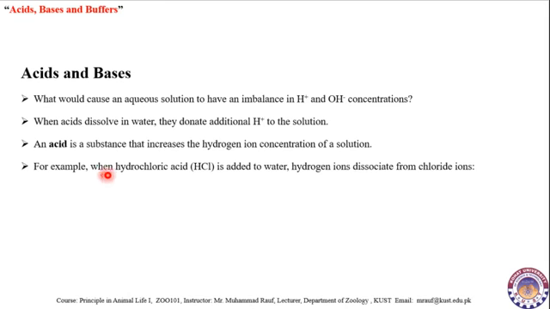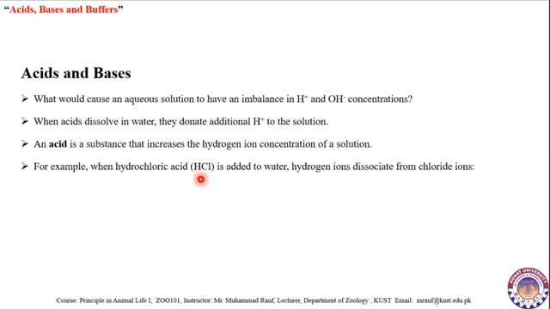For example, when hydrochloric acid is added to water, hydrogen ions dissociate from chloride ions. So when HCl is added to pure water, there is a dissociation of this molecule, and the hydrogen and chloride ions are separated.